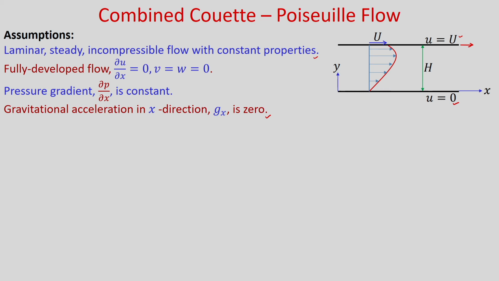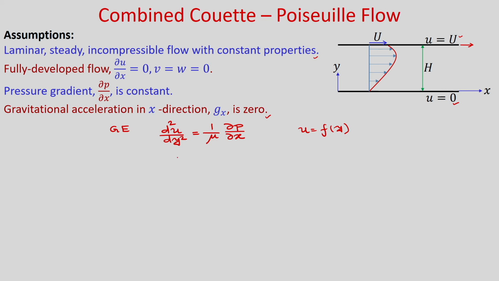So, invoking these assumptions, we can write the ordinary differential equation, which is your governing equation. So, it will be d2u by dy square is equal to 1 by mu del p by del x. Obviously u is a function of y only, that is why we have written an ordinary differential equation.